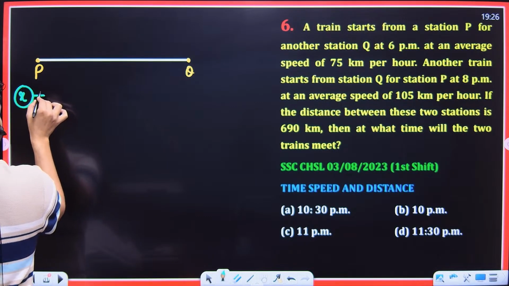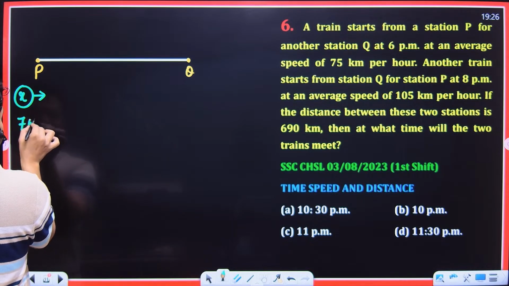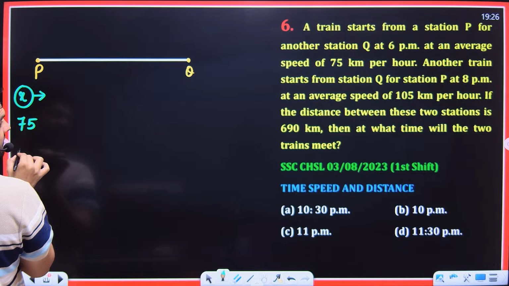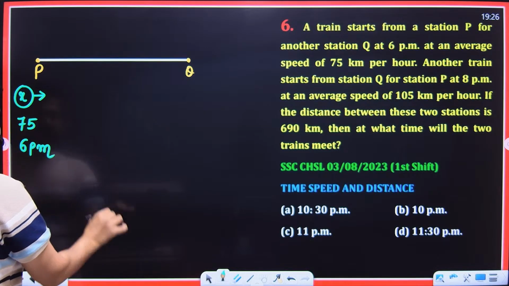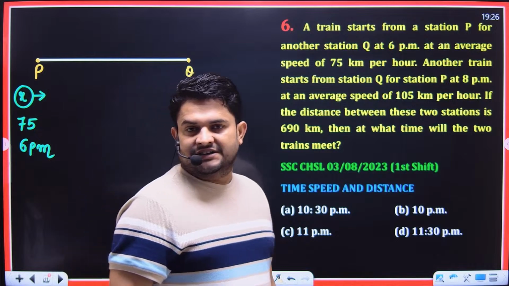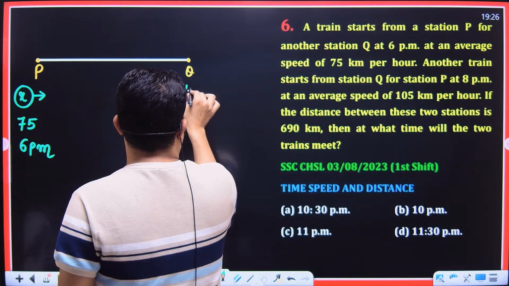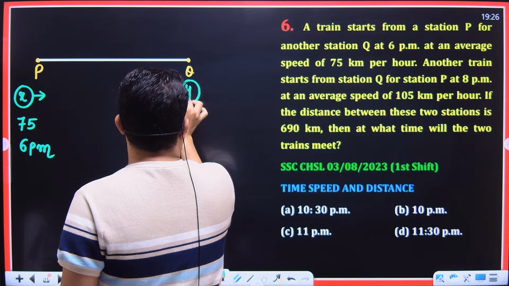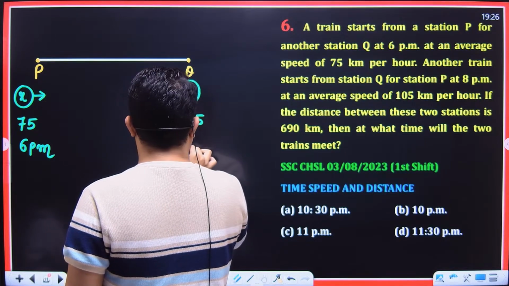It is moving in this direction at a speed of 75 km per hour, and it starts running at 6 p.m. This is the starting time of this train. Y train is here, moving in this direction. Its speed is 105 and the time is 8 p.m.